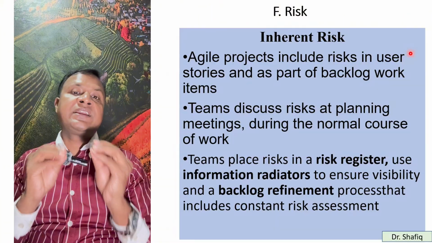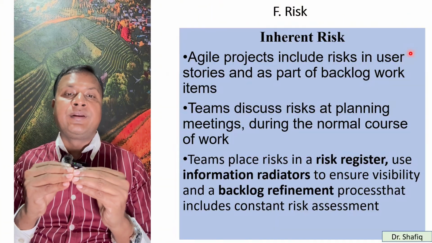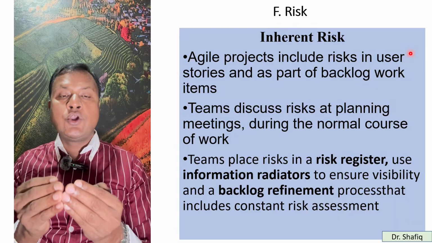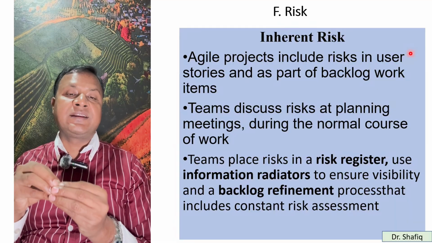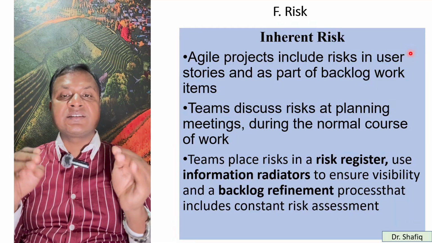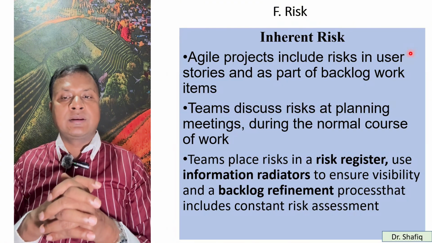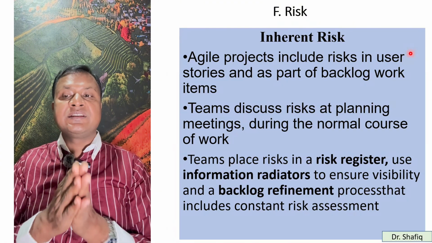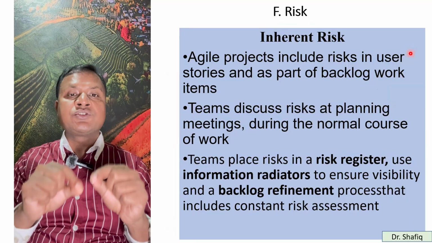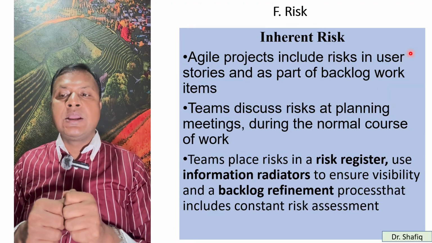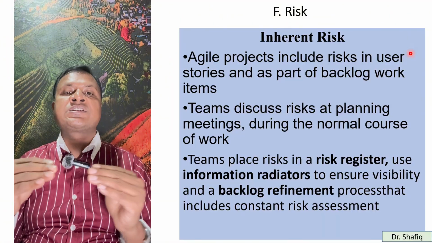And there are some inherent risks that you cannot avoid. For example, agile projects include risk in user stories as a part of backlog work items. Teams discuss risk at planning meetings and stand-up meetings during the normal course of work. Teams place risk in a risk register, use information radiators to ensure visibility, and use a backlog refinement process that includes constant risk assessment.